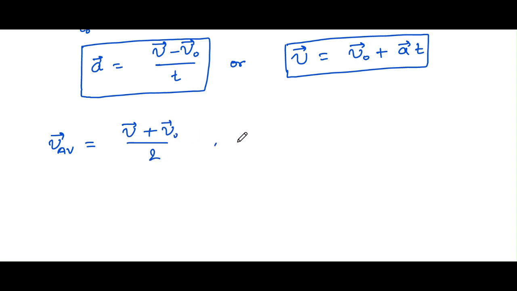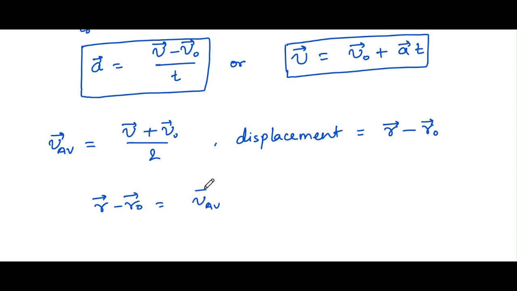Then displacement will be displacement. Displacement is nothing but final position minus initial position, which we can write final position vector minus initial position vector, and this displacement will be equal to average velocity into time, and then we can write plus v naught by 2 into t, and we have already here v equals to v naught plus a into t.